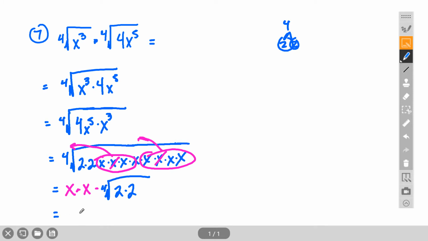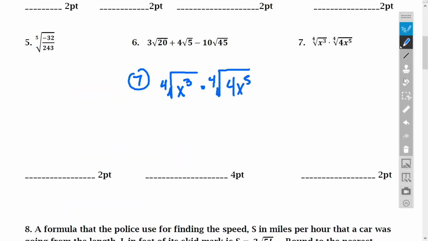Okay, put this back together and I will have my answer. So x times x is x squared. And then the fourth root of 2 times 2 is the fourth root of 4. So my answer is x squared, fourth root of 4, for number 7.